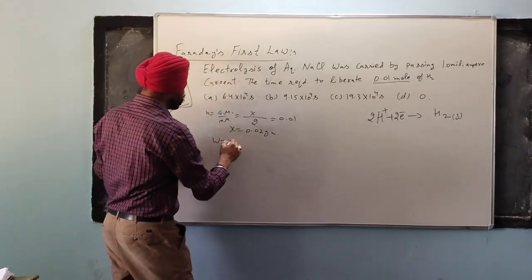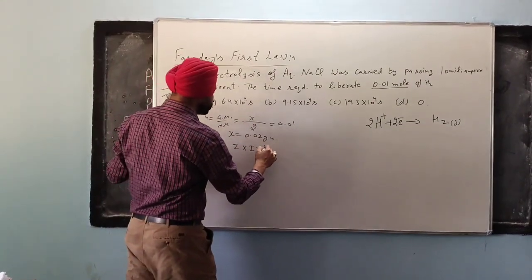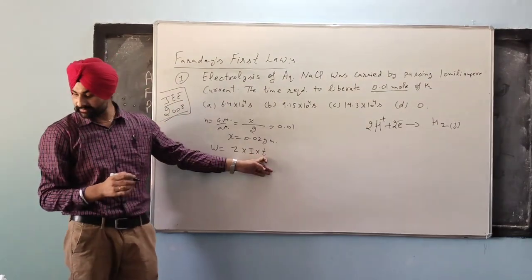Now we know W is equal to Z into I into T. We have to calculate T, time.